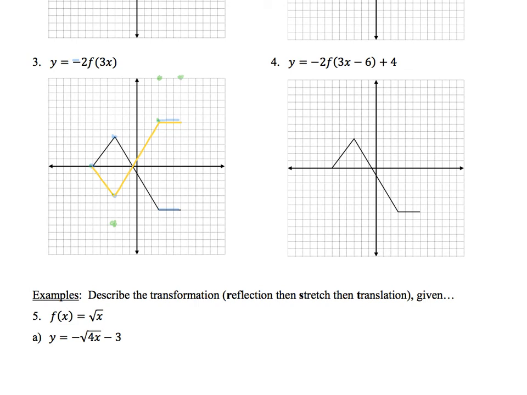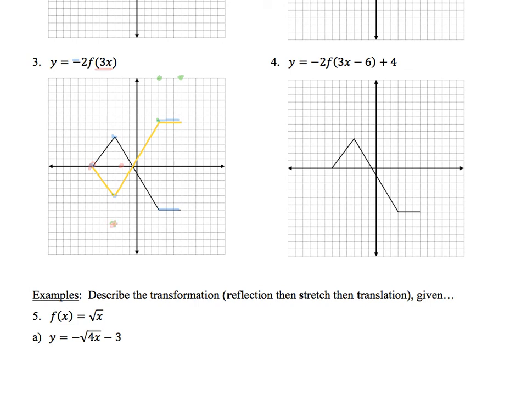And then we have our horizontal stretch. So remember, since the x is multiplied by 3, the b value is 3, so the stretch factor is actually 1/3. So this x-coordinate of negative 6, 1/3 will come here to a negative 2.